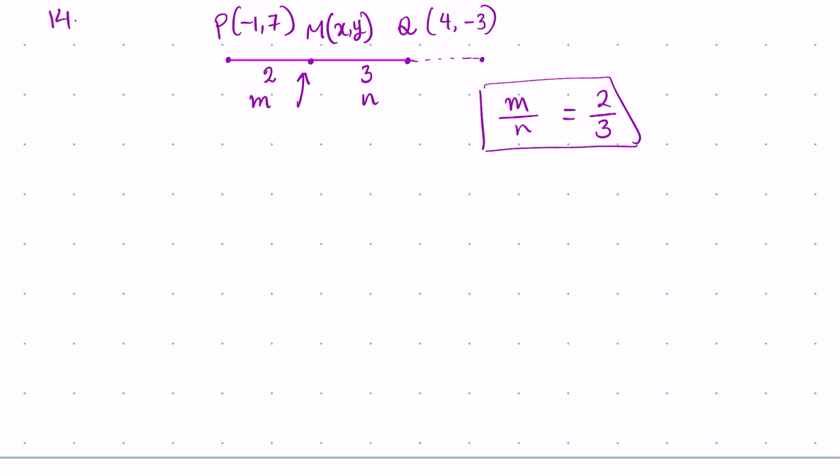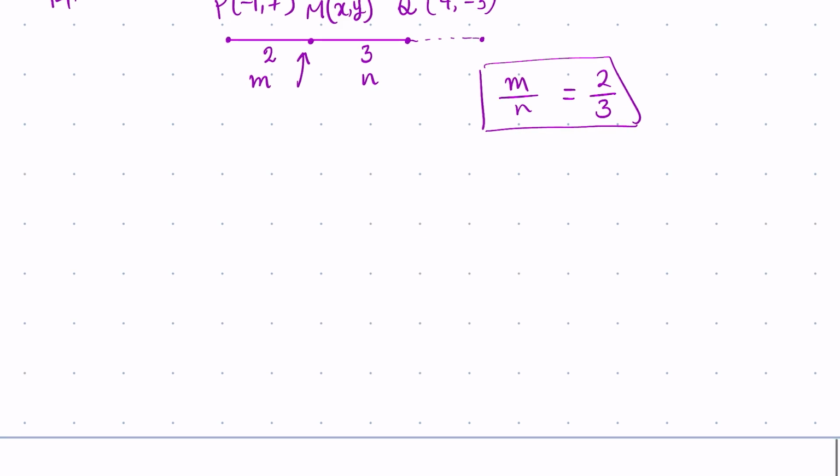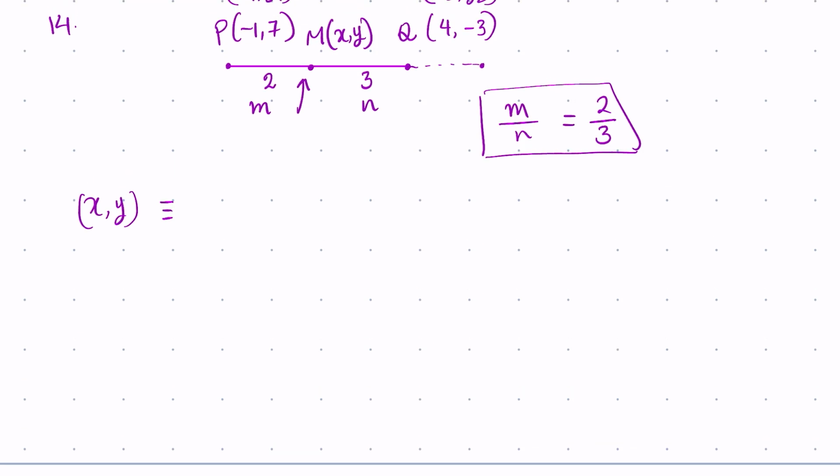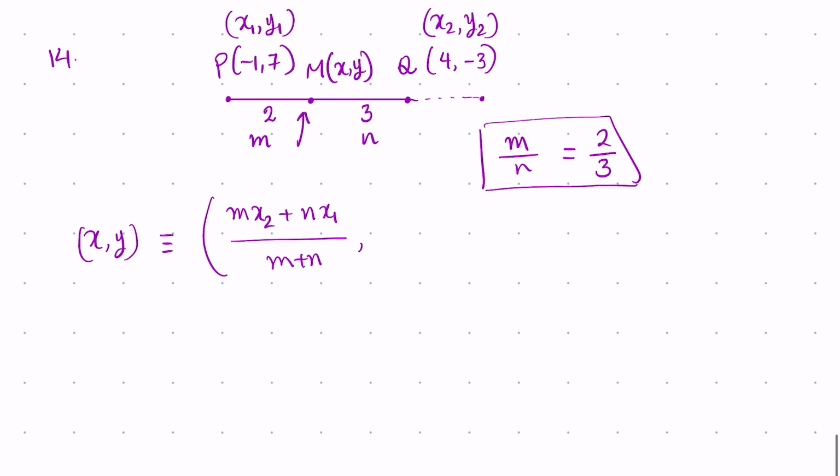So we can use the handy section formula here, which really says, so the coordinates x and y, which we want to find, could be represented as m times x2 plus n times x1 divided by m plus n. So we have already represented what these variables mean above.